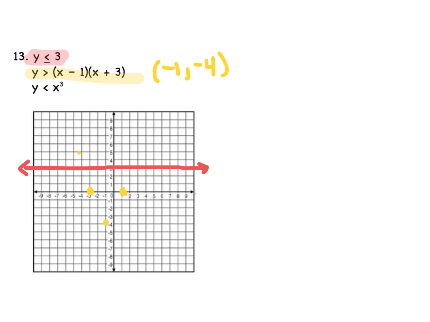This would be a solid curve. Oh, forgive me. I'm drawing dotted but said solid. It is dotted because it's greater than. So when I think about shading, I'm going to be below the first, above the yellow second, and the third is a cubic function. It's the parent function, crosses at (0, 0).